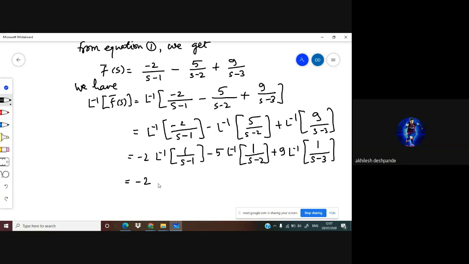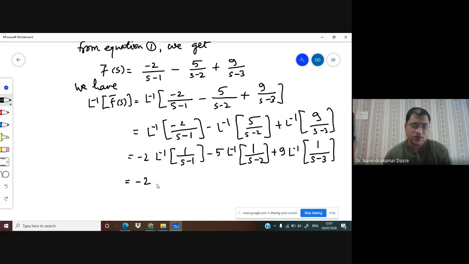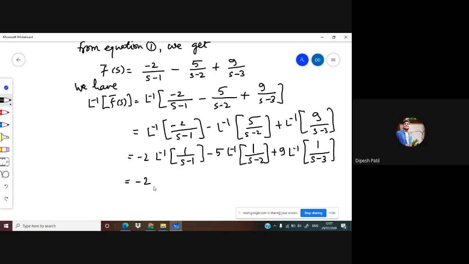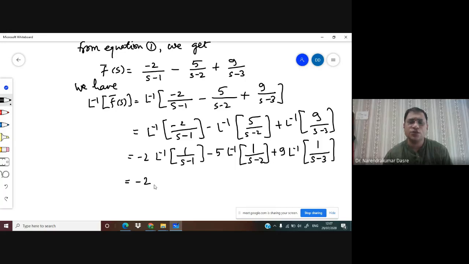It is e raised to at. Correct. So in this case, what we'll get is minus 2 e raised to t minus 5 times e raised to 2t plus 9 times e raised to 3t.